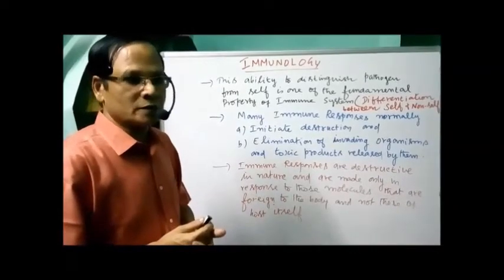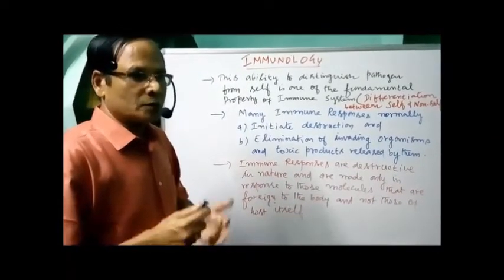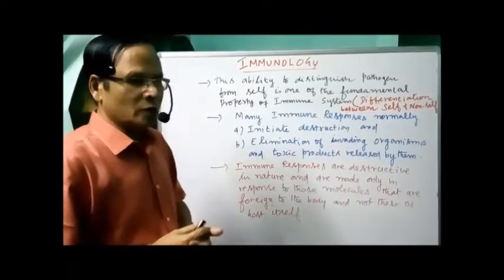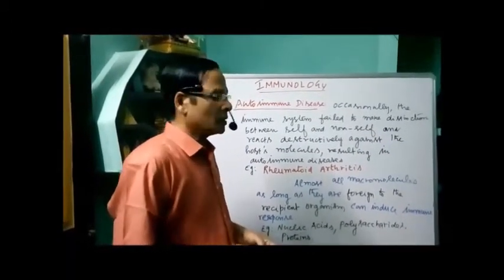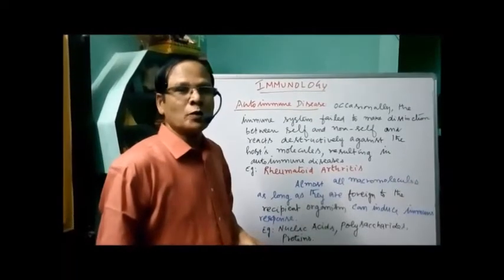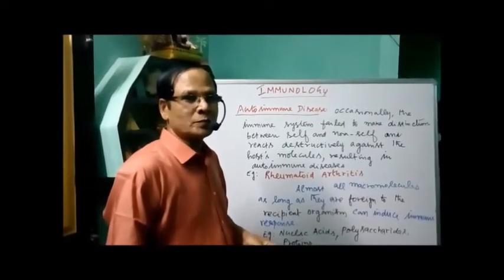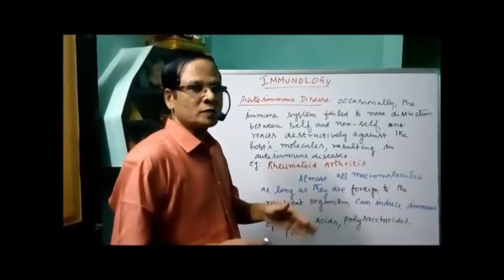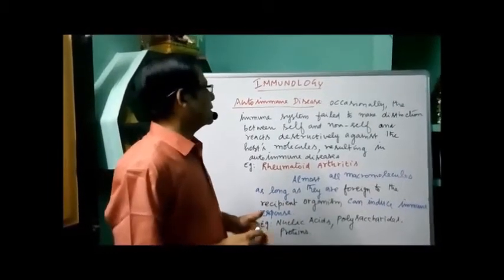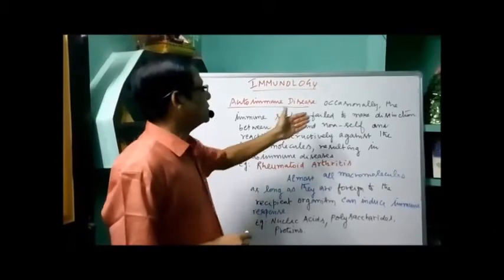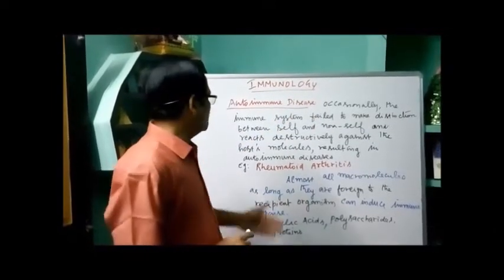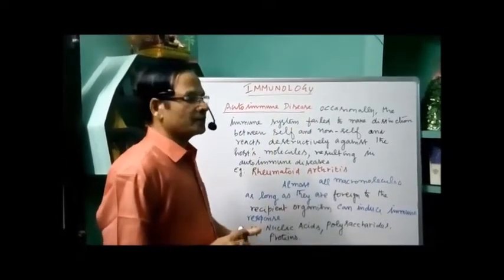What is autoimmune disease? Suppose you want, I can write it on the board now. What is autoimmune response? I already described it. One of the important properties of the immune system is self and non-self distinction. Occasionally, as I have written here, the immune system fails to make a distinction between self and non-self.